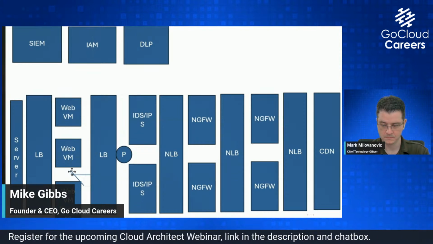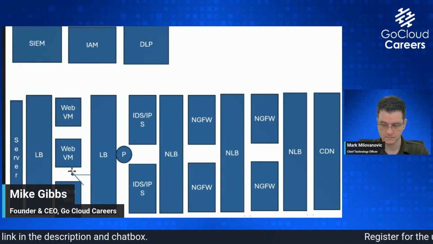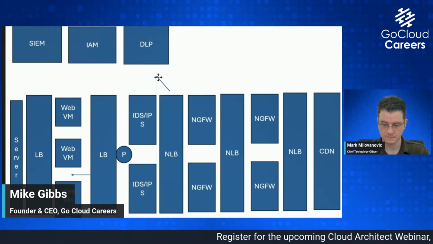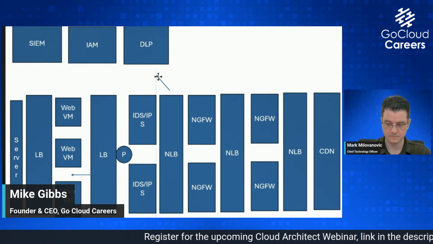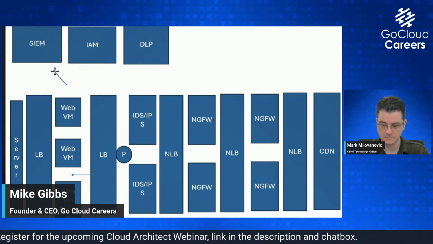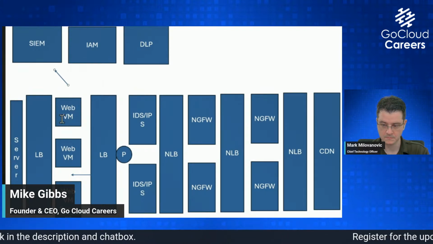Host-based IDS IPS systems, all that stuff on the device itself, third party like a Trend Micro or a Broadcom Symantec kind of thing. Data loss prevention systems, no, they're not going to be coming from the cloud provider. Your IAM is going to be federated into something bigger, and your SIEM systems, again, are going to be from a company like Splunk. This is literally what it takes.